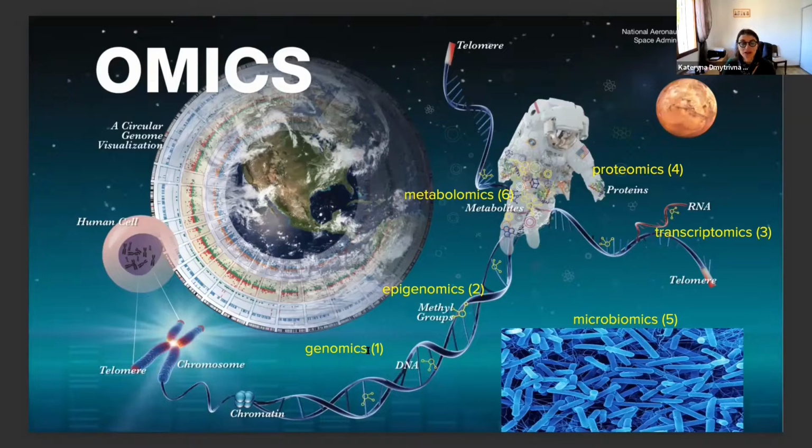Another type of information that was studied is epigenomics, and these are the modifications of DNA, frequently with methyl groups, that affect the gene expression, that affect the other type of omics, which is called transcriptomics.